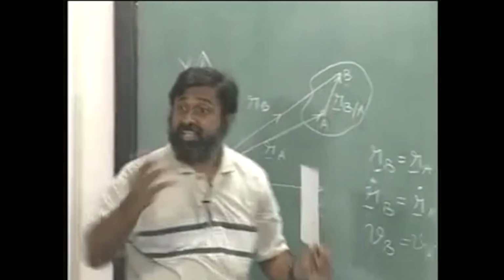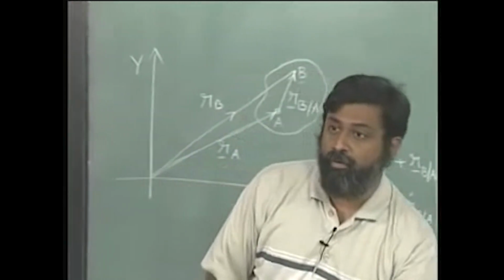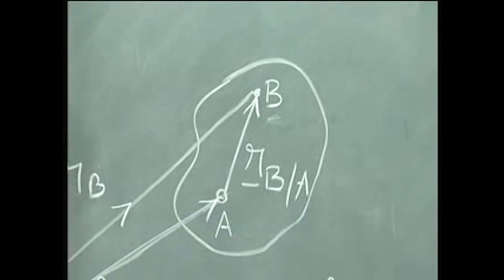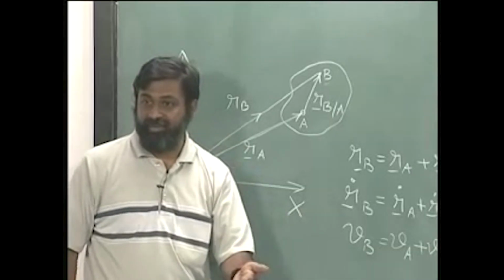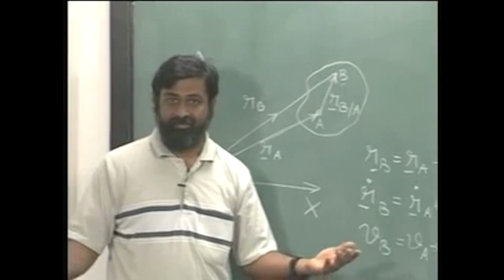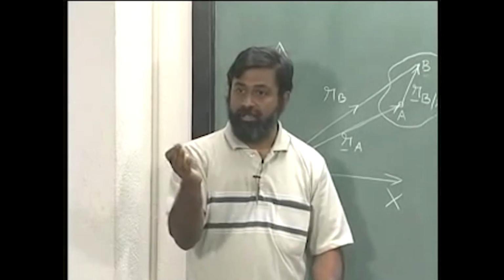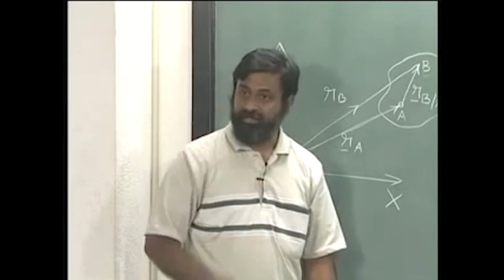What would be the change in the magnitude of RB with respect to A? Only the magnitude, 0, correct. What is the other aspect that I should look at? Change in direction, right.